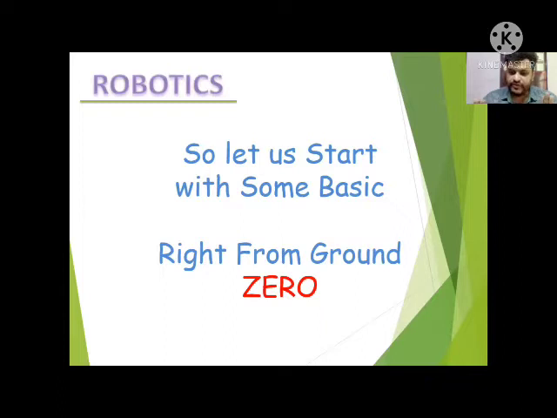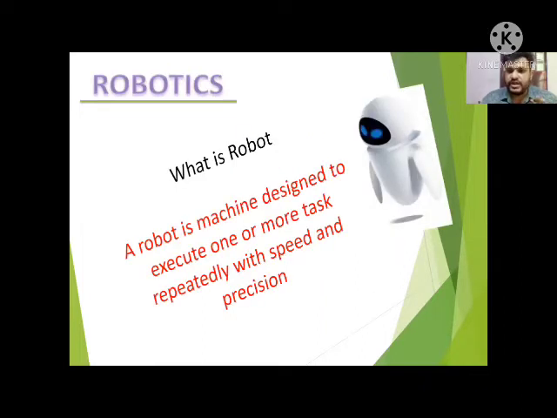We are studying the definition of what is a robot. Look here, this is also a type of robot. Looks very cute, right? Then what is the definition of a robot? A robot is a machine, and this machine can do duties continuously.